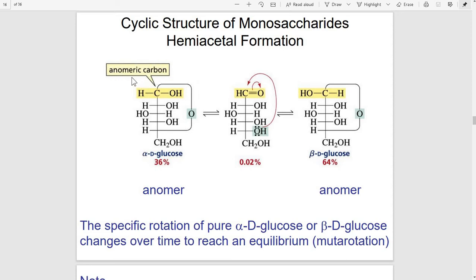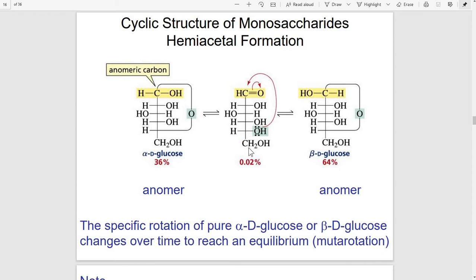What is anomeric carbon? Now see here, in between two oxygen there is a carbon, which we call anomeric carbon. In another way, in between two heteroatoms there is one carbon atom, which we call anomeric carbon. Okay. Now see the percentage of these compounds.